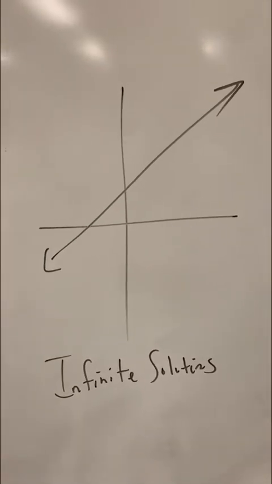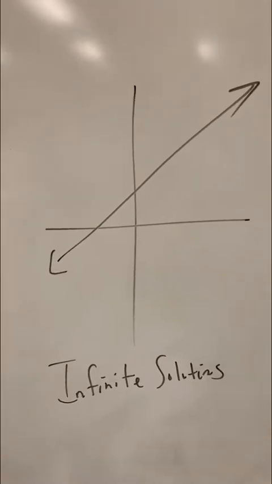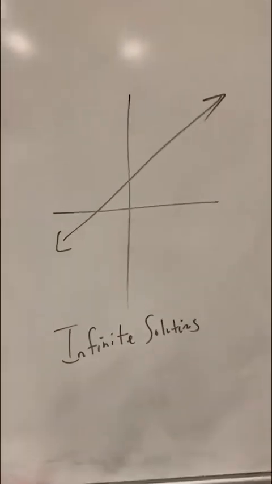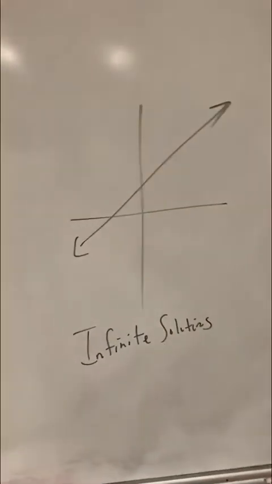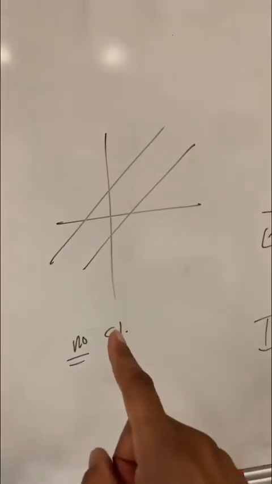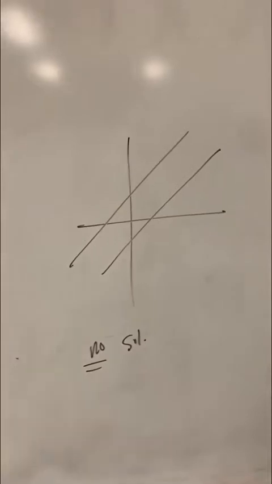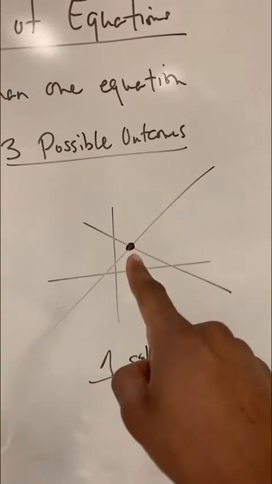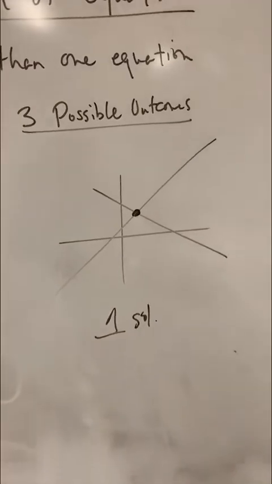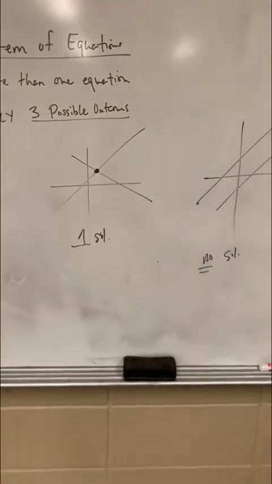So if you're dealing with two equations and after you simplify them they end up being the same thing, that's an infinite solution. You have two different equations and they never intersect each other, that's no solution. If you have two equations and they happen to intersect each other, that is one solution. Those are the only three possible outcomes.